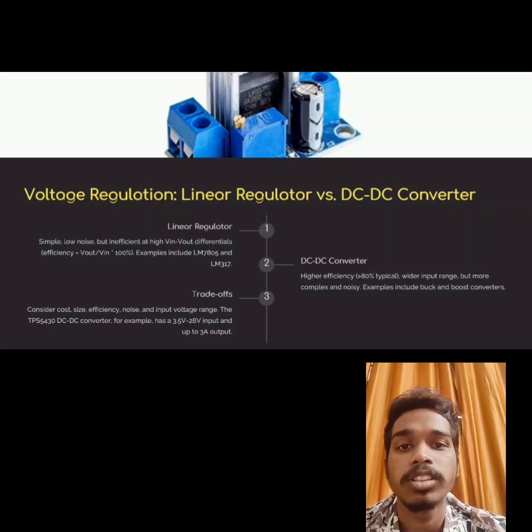Second is DC to DC converter: high efficiency, typically higher than 80%, wider input range but more complex and noisy. Examples include buck and boost converters. Third is trade-offs. Consider cost, size, efficiency, noise, and input voltage range. The TPS5430 DC to DC converter, for example, has a 3.5 volt to 28 volt input and up to 3 ampere output.